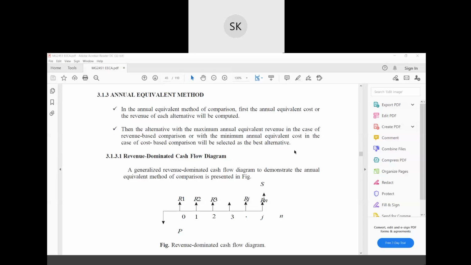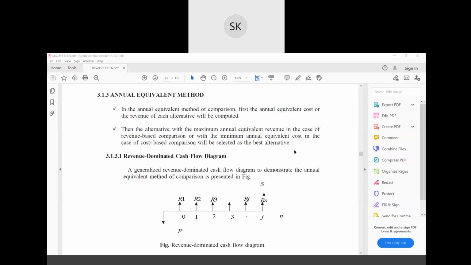You can do the comparison by the profits, or you can do the comparison by cost, how much expenditure you have done, or how much profit you are getting in years. That way also you can do a comparison. So if you see here, there's also a salvage value.